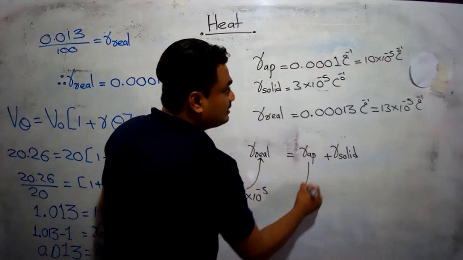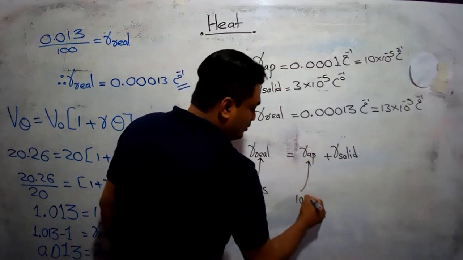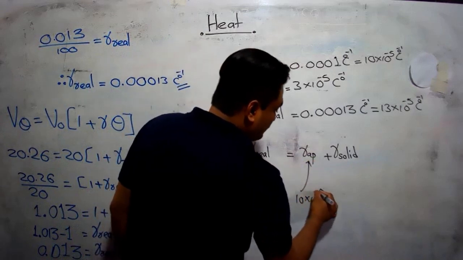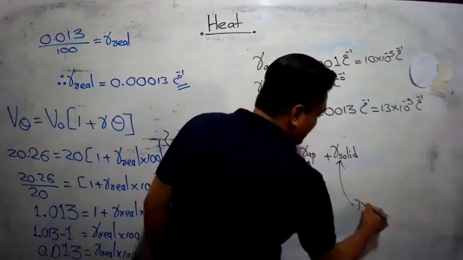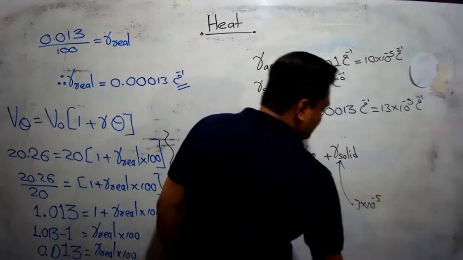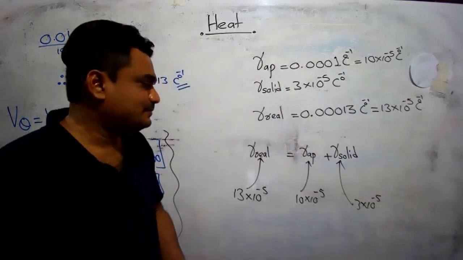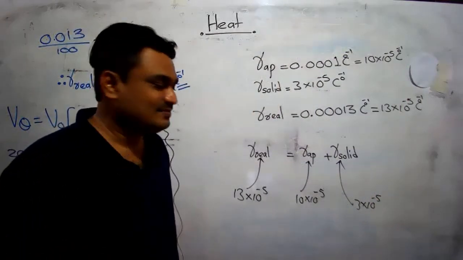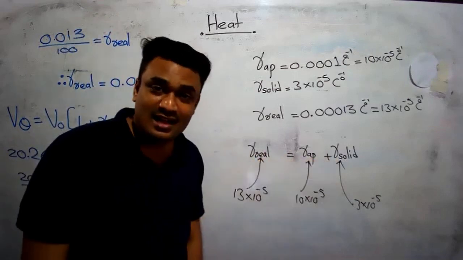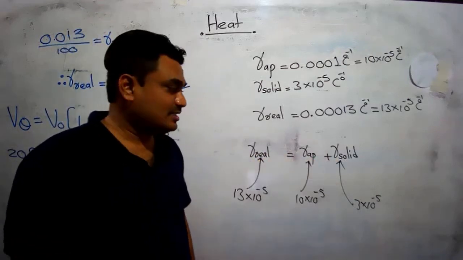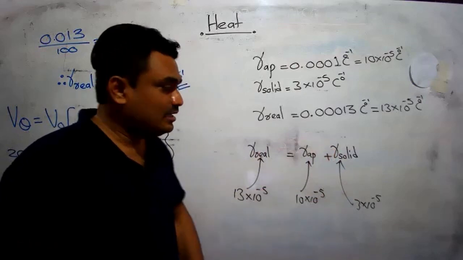This is 10 into 10 to the power minus 5. This is 3 into 10 to the power minus 5. Correct or wrong there? Gamma real equals gamma apparent plus gamma solid. So this is the relationship.